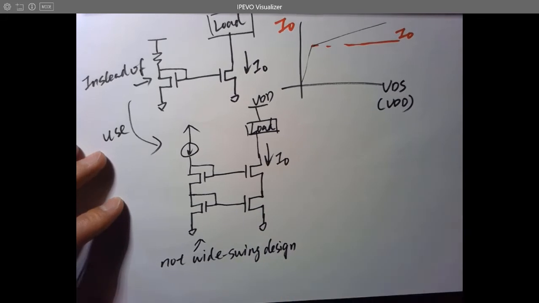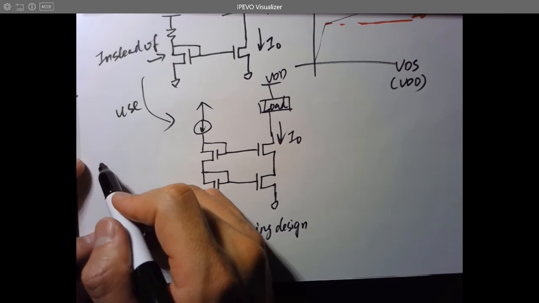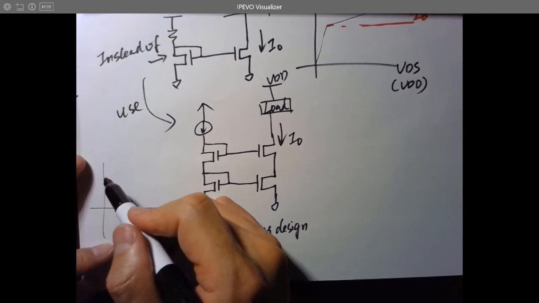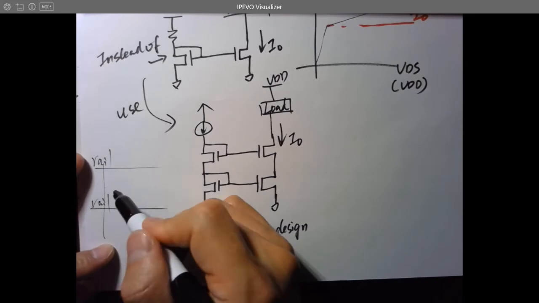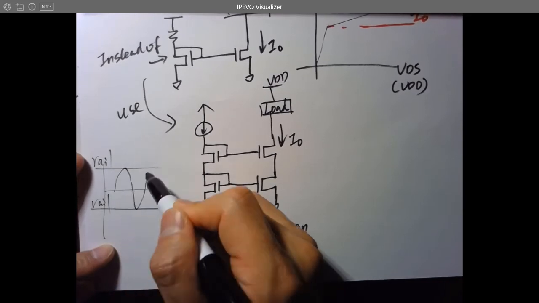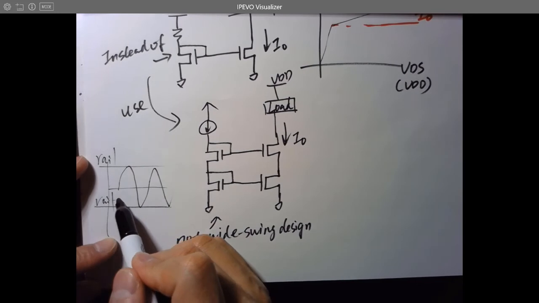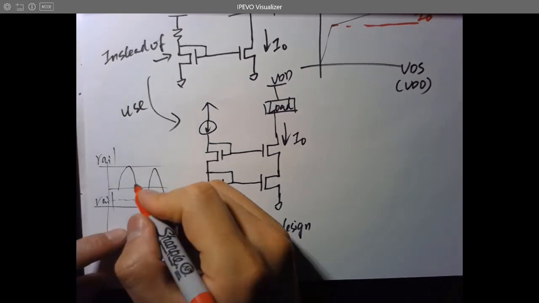Remember in the lab, when you are working with op-amps, you hope your output can swing rail to rail, right? So you can amplify your signal in a wider range. But what you hate is whenever it's approaching this bottom rail, it's getting cut.